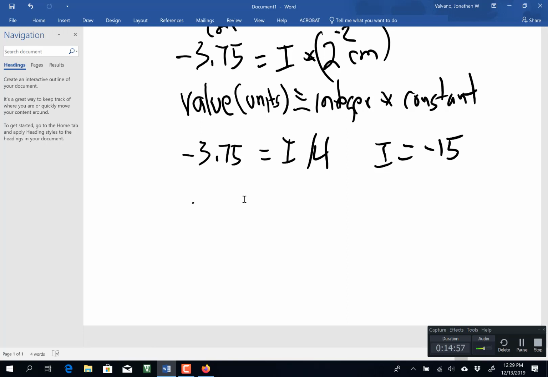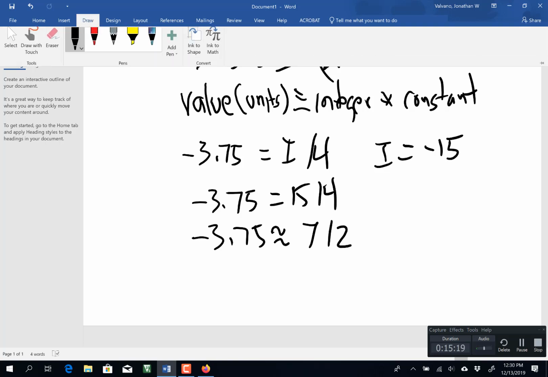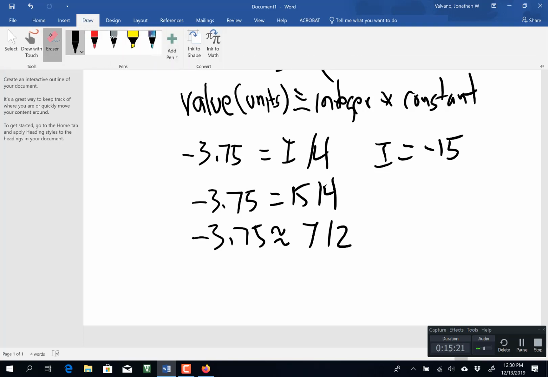I could go minus 3.75 equals 15 over 4. I could go minus 3.5 is not exactly equal to 7 over 2. No, the other way around, a bigger number over 2. No, it's not good. Do I have an eraser?